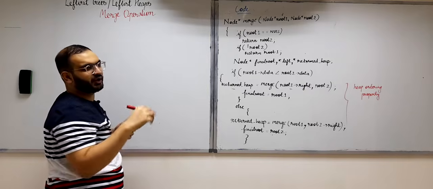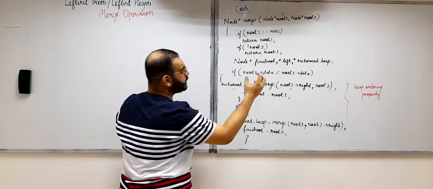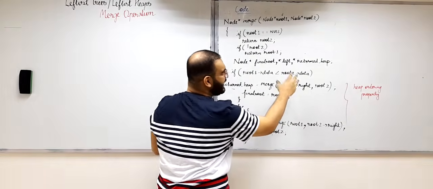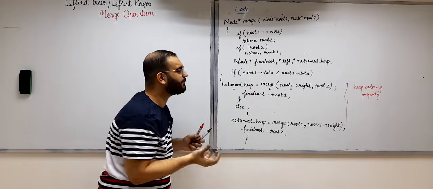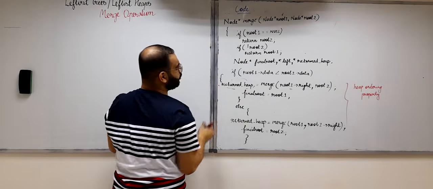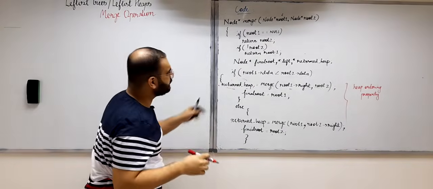My root of heap 1 and its left subtree is the remaining heap, and this is the returned heap. So I'll merge both of these. How will we merge them?